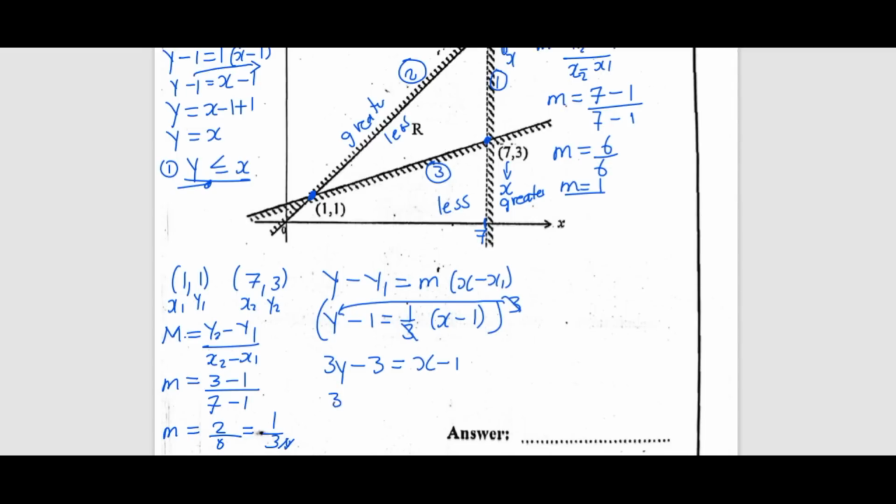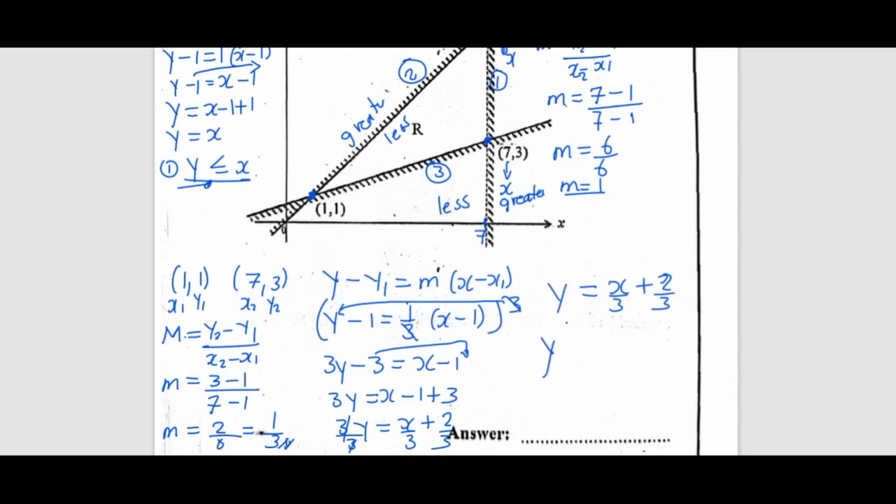We collect the like terms, so this number shifts to this side, giving us positive 3. So 3y is equal to x plus 2. We divide by 3, so y is equal to x over 3, or 1 over 3 x plus 2 over 3.